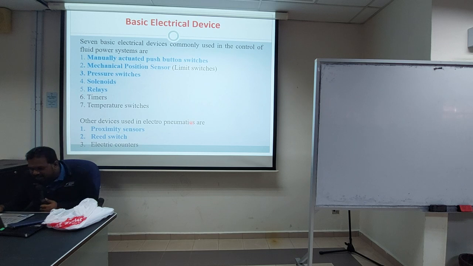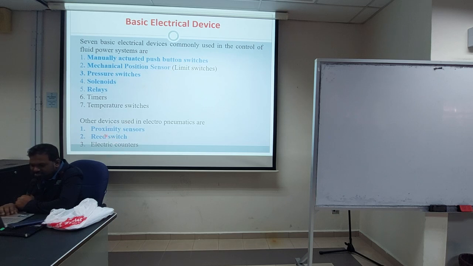Okay, so basic electrical device. Ini adalah basic electrical device: manually actuated push button switch, mechanical position sensor, pressure switches, solenoid, relay, timers, temperature switch. Yang ni semua untuk start the circuit.